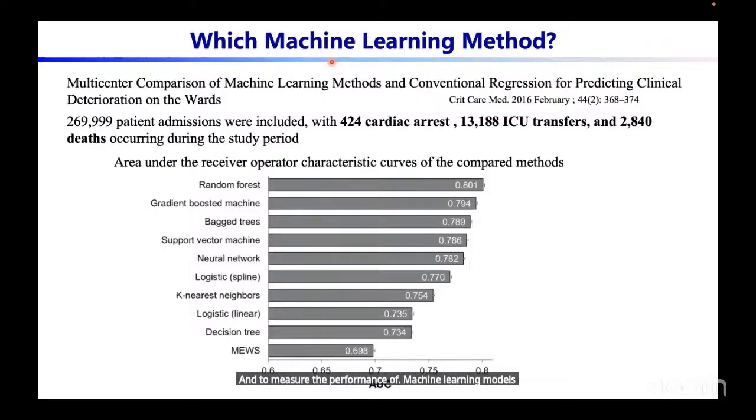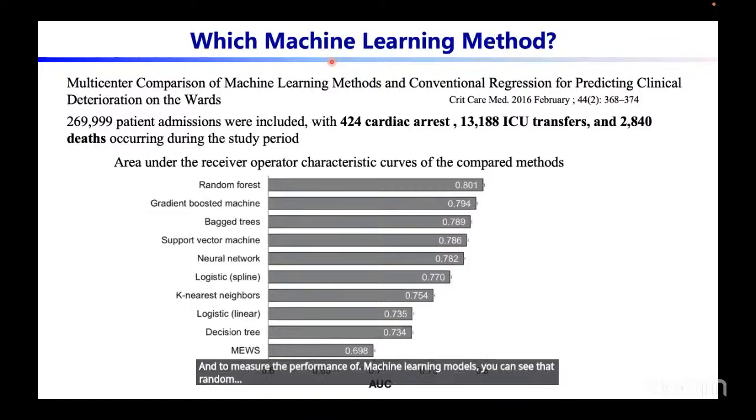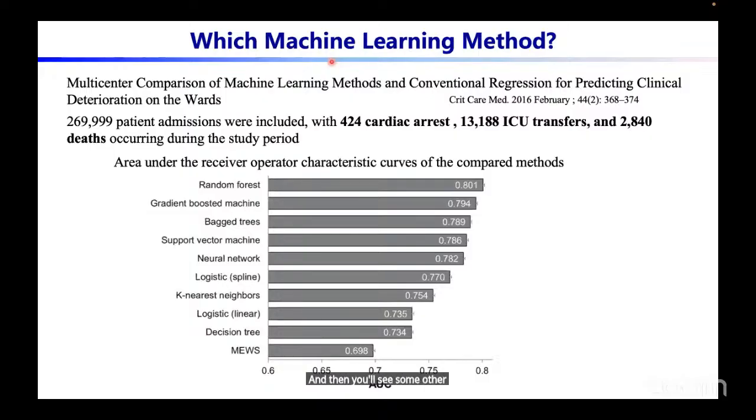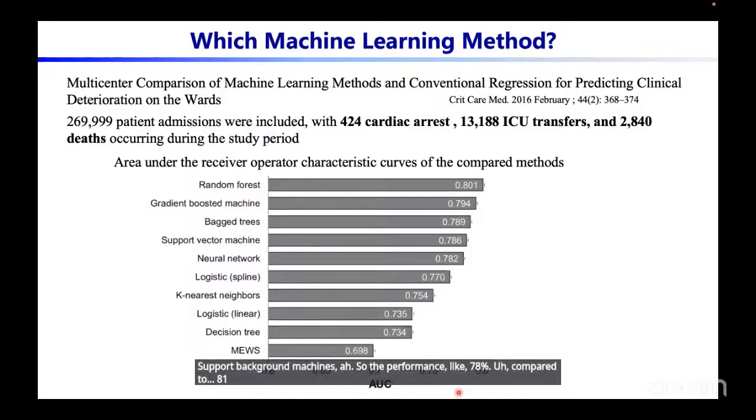You can see that random forest ranked first, and then you see some other models also ranked on the upper side, like the one we talked about, sorry, support vector machines. So the performance is like 78% compared to 81% accuracy for random forest.